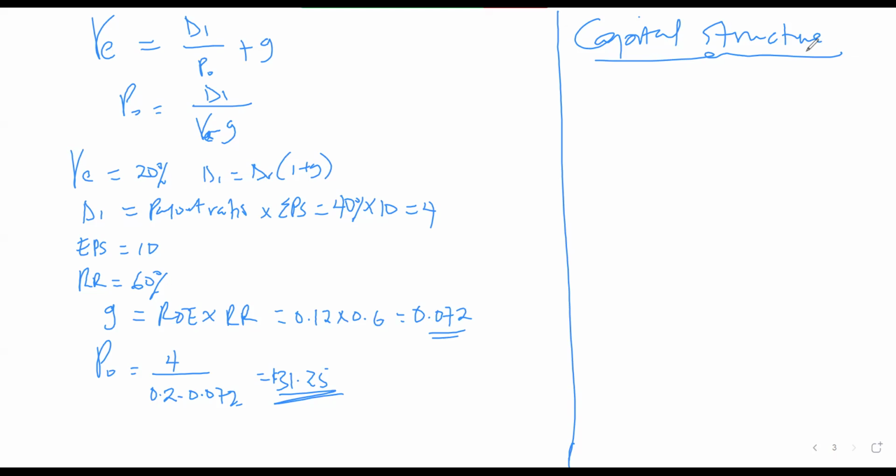Sir, is this one the price or the present value of growth opportunity? Because my confusion is that present value of growth opportunity is the price. Oh, really? How do you determine the price of a share?